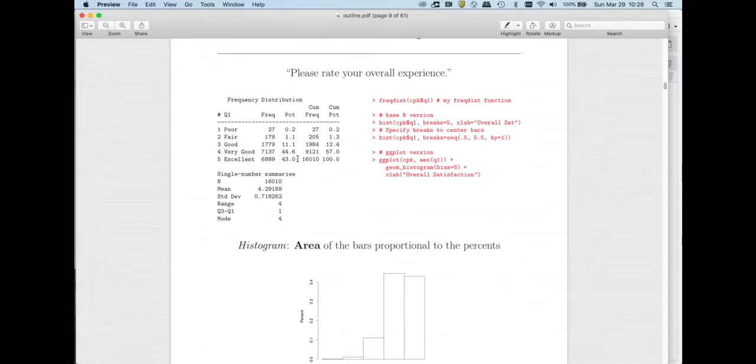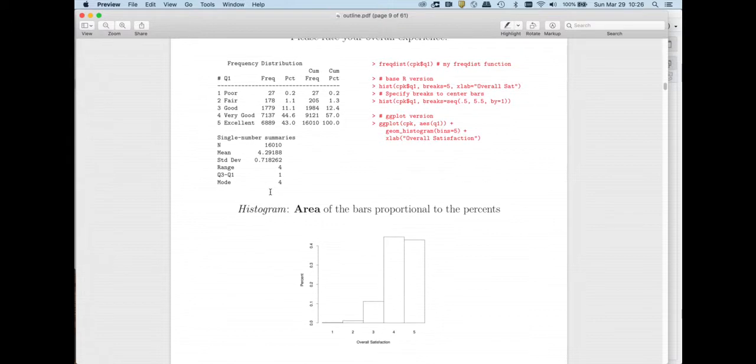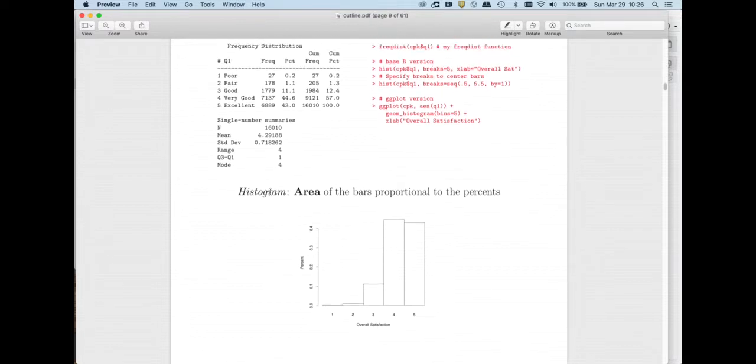But we also have a lot of other measures that we can be using, like the mean, the standard deviation, and so forth, that we'll be talking about in subsequent videos. Another thing that we can do is generate a histogram. So a histogram's similar to a bar plot, but a couple details are different.